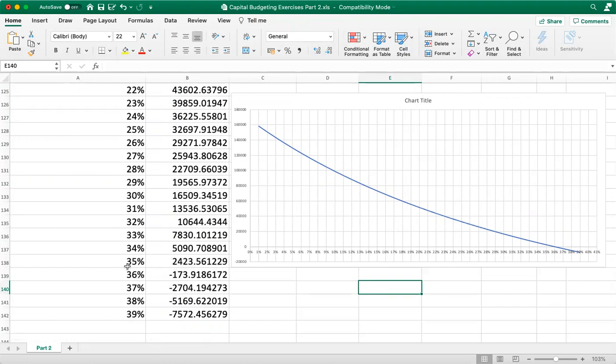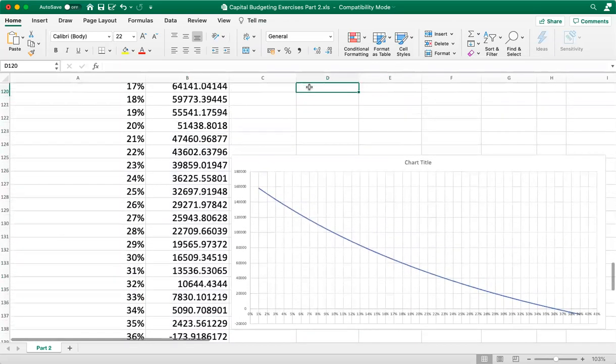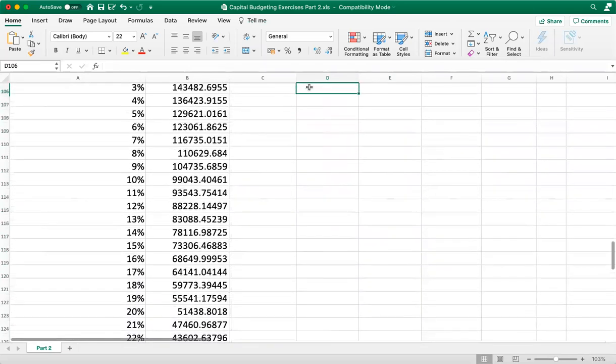You can see at 35%, the NPV is 2423.56. At 36%, it is negative 173.91. So it is between 35 and 36. Now we used GoalSeek and we found it was 35.9. So that is the second part of that question.